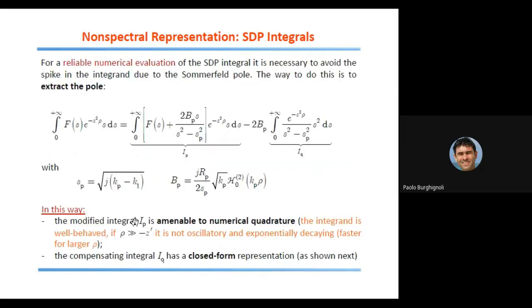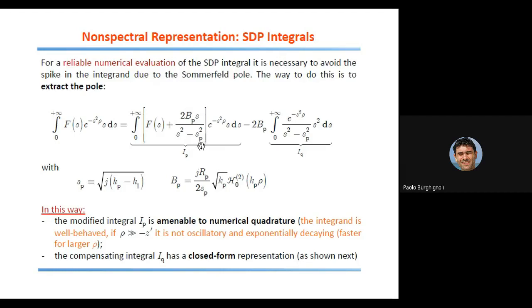What we need to do in order to deal with the difficulty of having a pole very close to the branch point K1 is a trick which consists in first subtracting the pole from the integrand and then re-adding it back. The integral thus splits into two contributions. In the first contribution, I_P, we have removed the pole because we have added to the integrand a function whose contribution is that of removing the pole at the Sommerfeld pole SP.